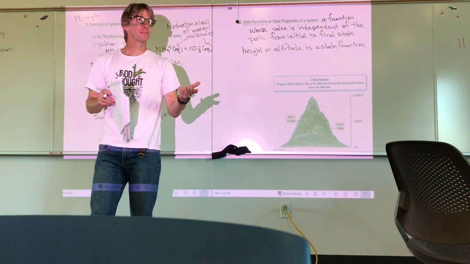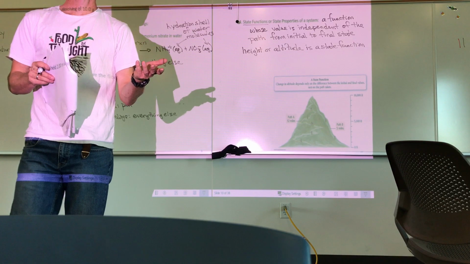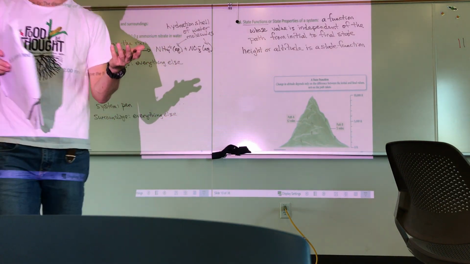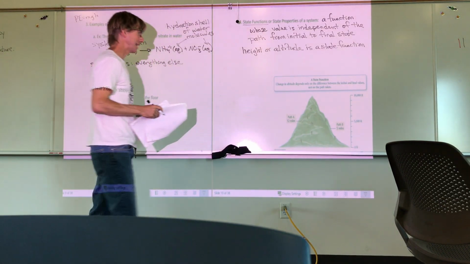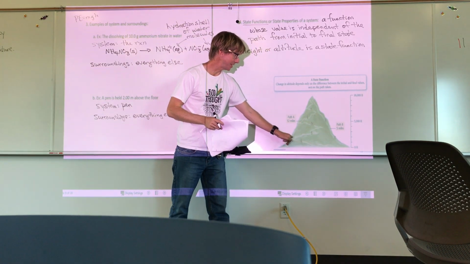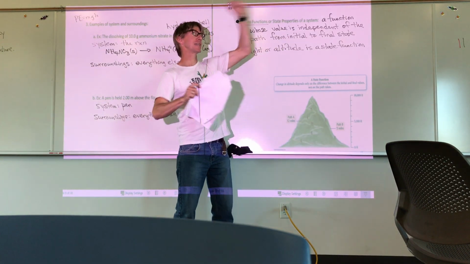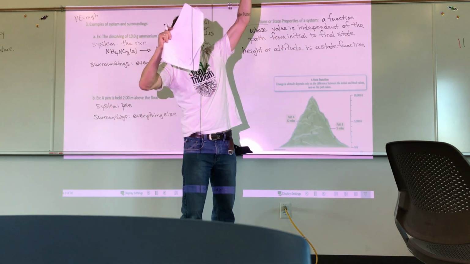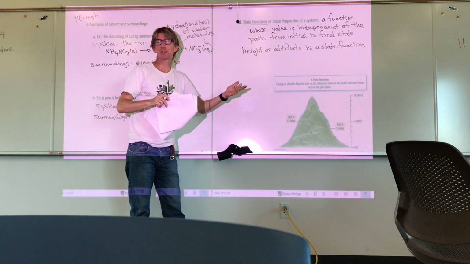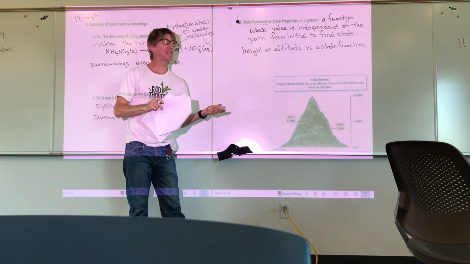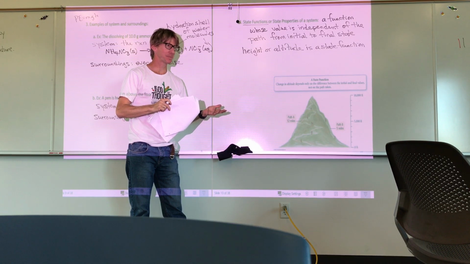Could be the same. Could they be different? They're not necessarily the same. It depends. I could be walking up this, and then they could be lifting themselves up like that. And I'm not sure that would be less or more energy. But it is not necessarily the same.